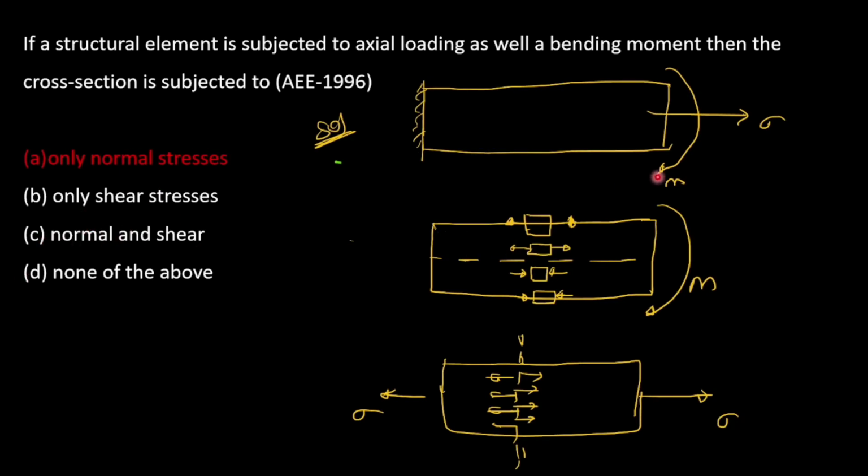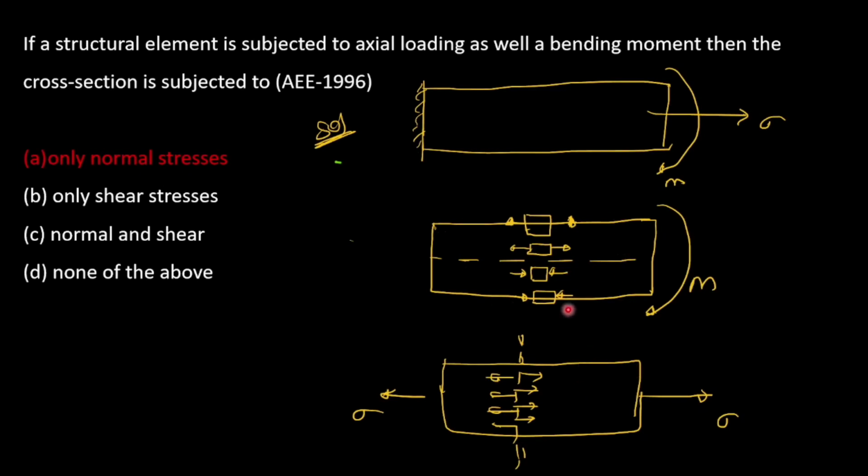So we will split the forces. First, moment is acting. So due to moment, the upper fibers, which are above the neutral axis, are under tensile bending stresses, and the lower fibers, which are below the neutral axis, are under compressive bending stresses.